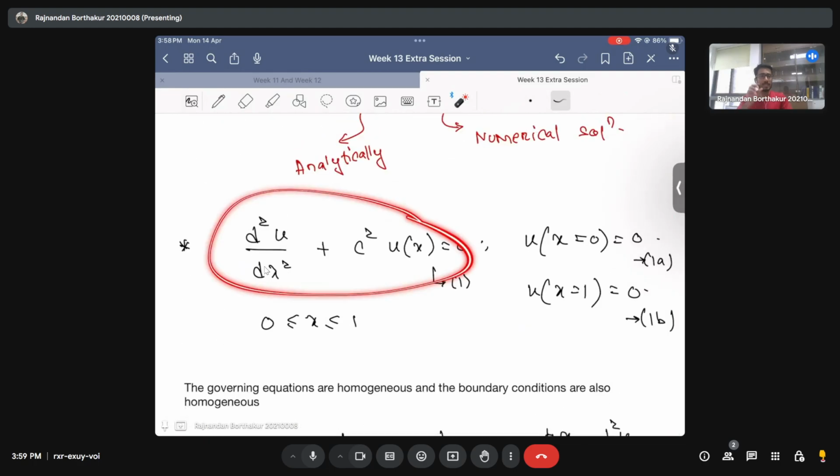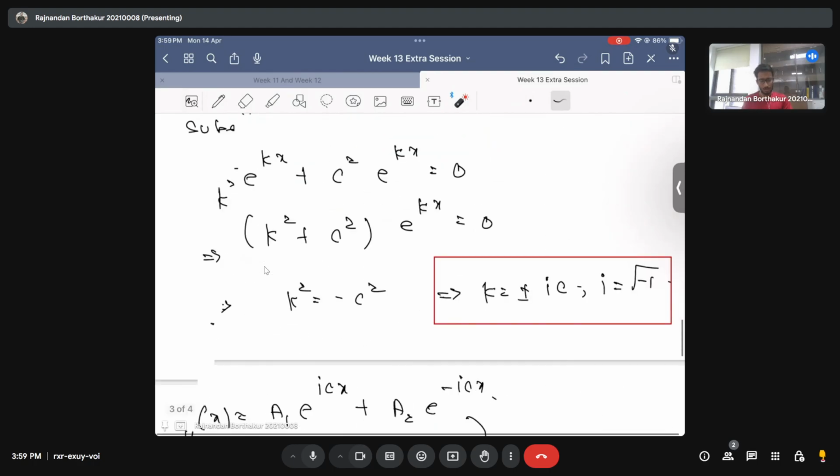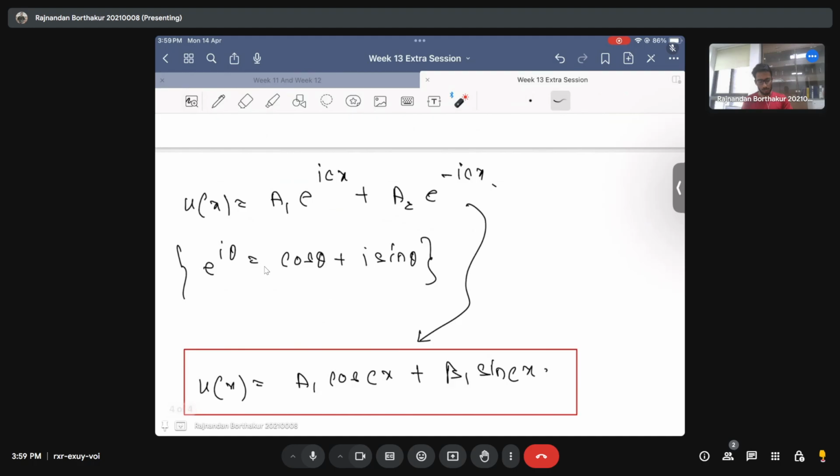Okay, and this is indeed the hallmark of an eigenvalue problem, that only for some specific values of the eigenvalue will you get a solution of the corresponding eigenvalue-eigenfunction pair. This is exactly what we get when we solve an eigenvalue problem, at least analytically as of now.